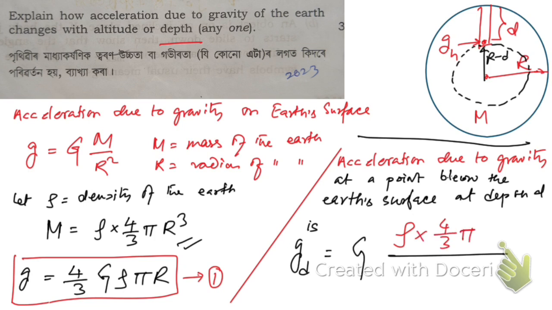Now we need to take the volume of this part only, that is R minus d whole cube, and divided by the distance to that point, which is at a depth d from the center, R minus d. So R minus d square. Now let me copy this expression and go to the next slide.